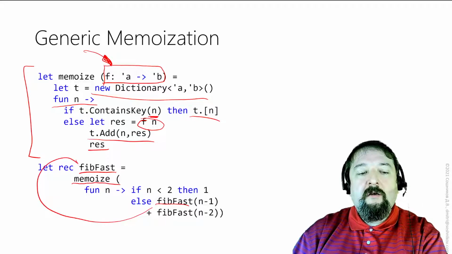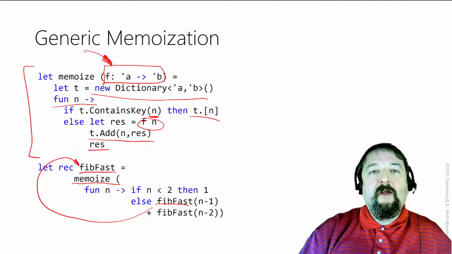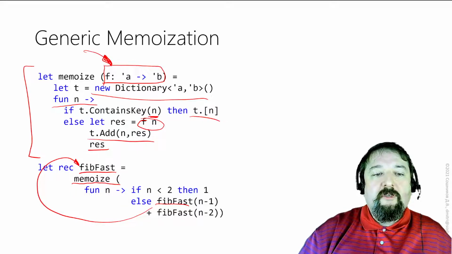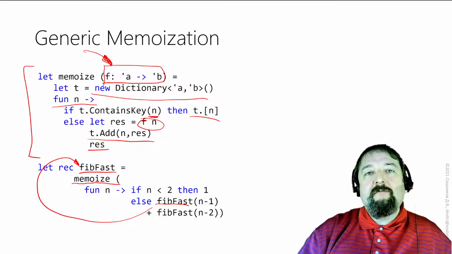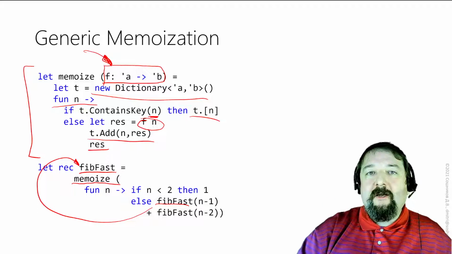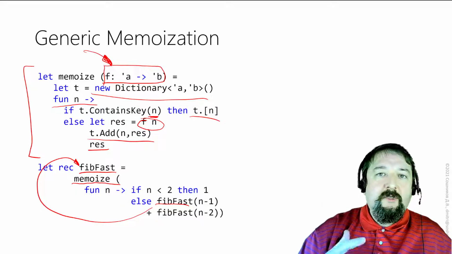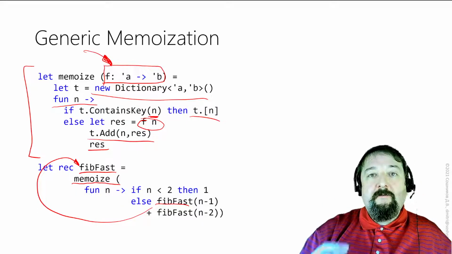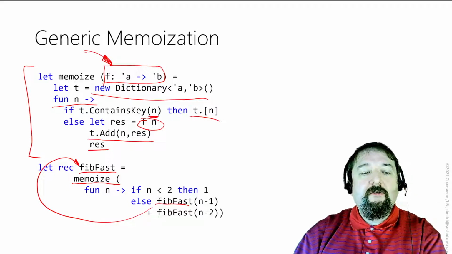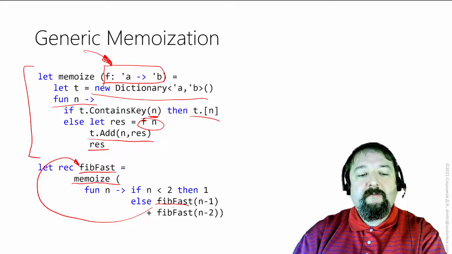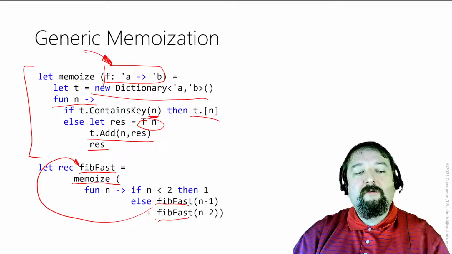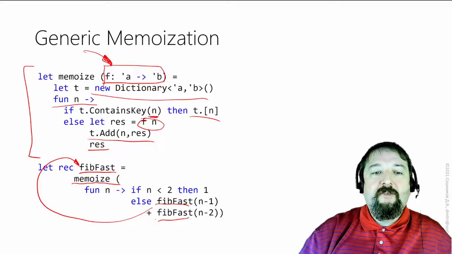We call the already memoized version of the function and not the original. So we cannot just pass any recursive function in and expect it to speed up. Instead, in the definition of the recursive function, you need to do this trick. You need to wrap it by memoize and use calls to the memoized version of the function inside the loop.